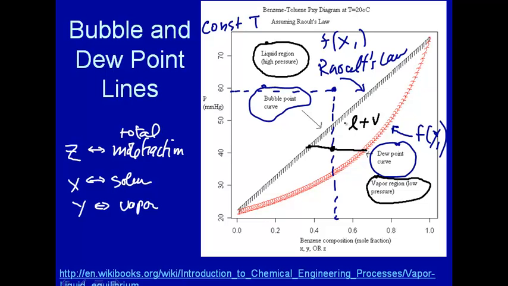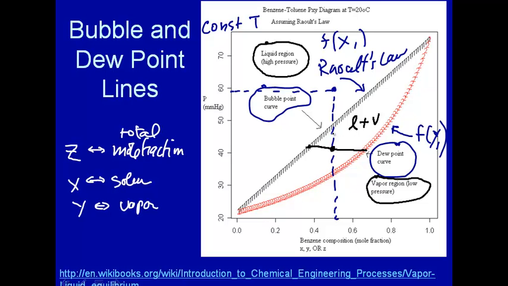Now the reason why this is called a bubble point line and a dew point line, think about this. So here you have all vapor. When you just hit this line, some of the vapor starts to condense. Just like in an early morning, if you have very humid air, and the night air cools it down, when you wake up in the morning, there's dew on the ground. So this represents that transition from all vapor to some sort of condensation.